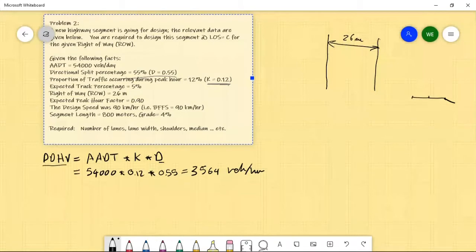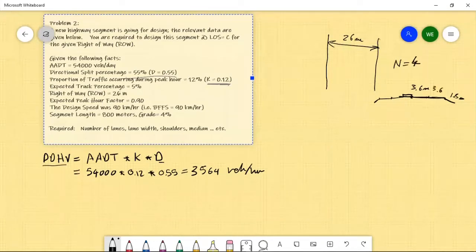We assume a 1.8 meter shoulder, then lanes of 3.6 meters, then a median, then another set of lanes and a shoulder. Let's assume that n equals 4.